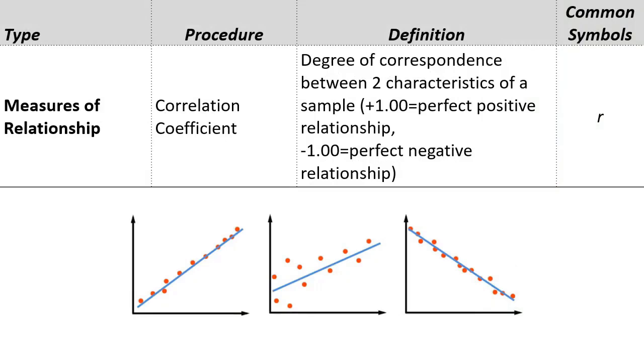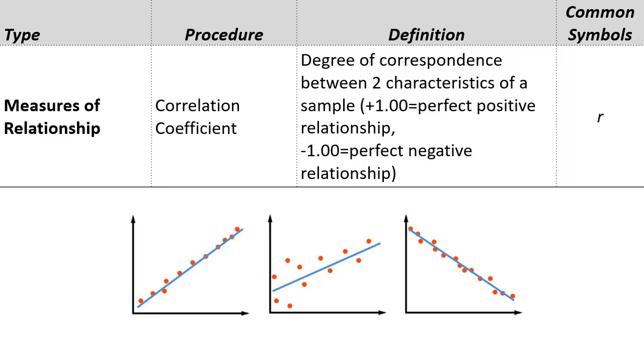Correlation is a measure of relationship, and the procedure you use to calculate it is the correlation coefficient. Correlation is the degree of correspondence between 2 characteristics of a sample. And the common symbol in the literature for a correlation is R.